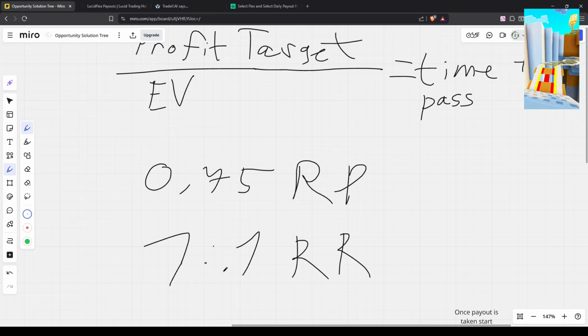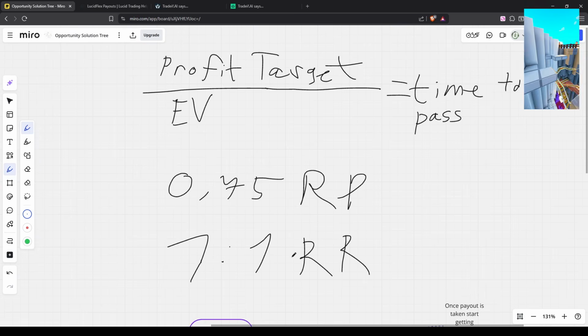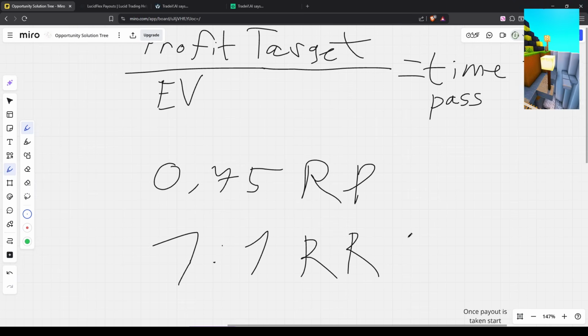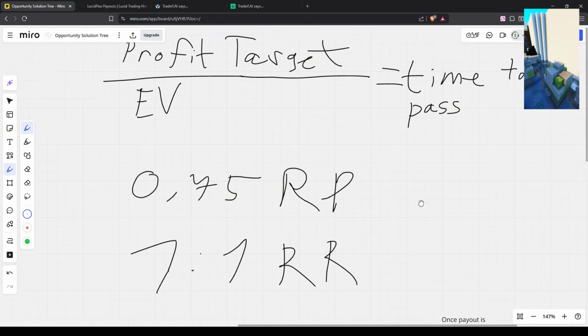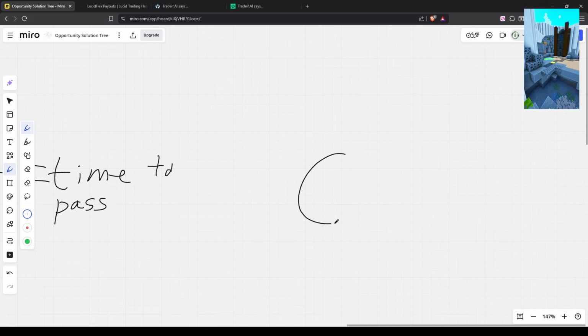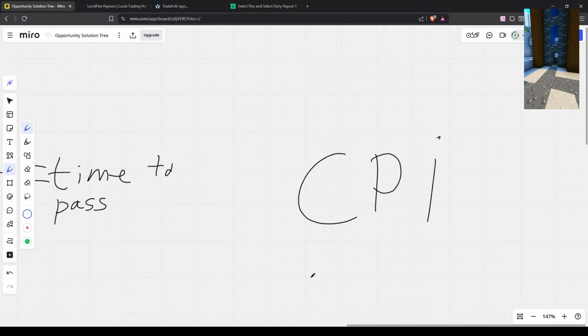You can full port one high quality 1-to-1 setup and pass an eval in one trade. I mean, it will be slightly above 1-to-1, because even on 25k you need a slightly bigger profit target in order to pass. Or you can use the CPI or NFP method.